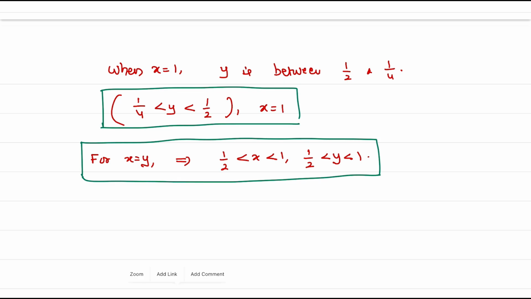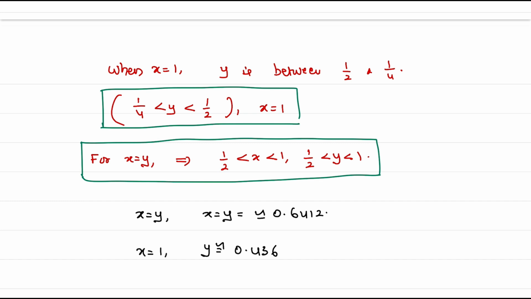When x is equal to y, the exact solution is x is equal to y is approximately 0.6412. And when x is equal to 1, y is equal to approximately 0.436. You can find these values. It's not rocket science.